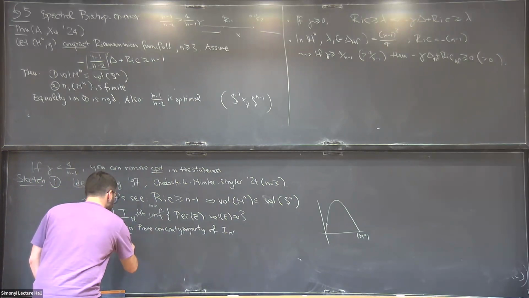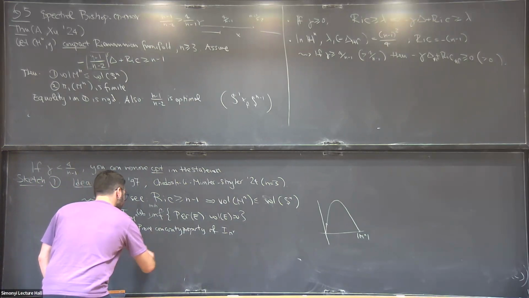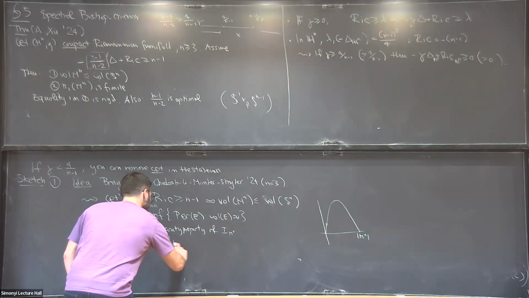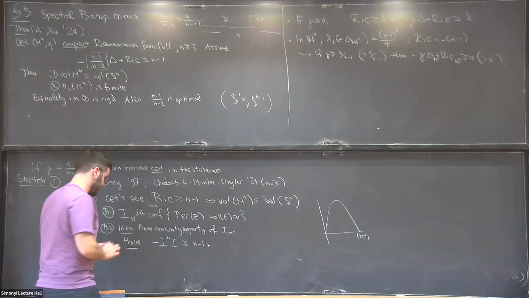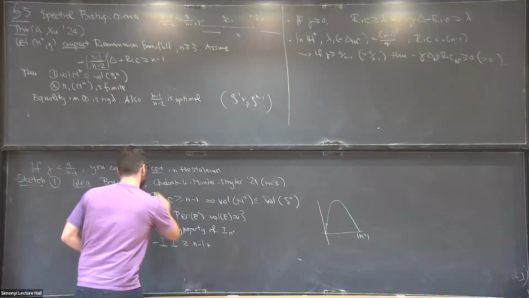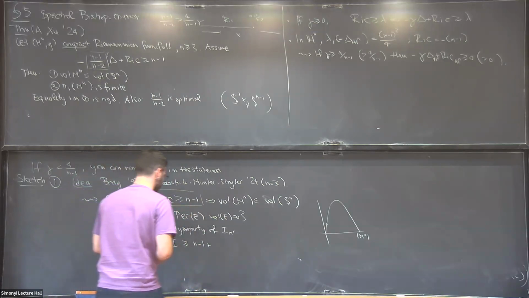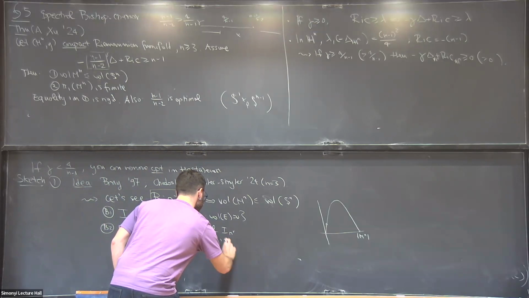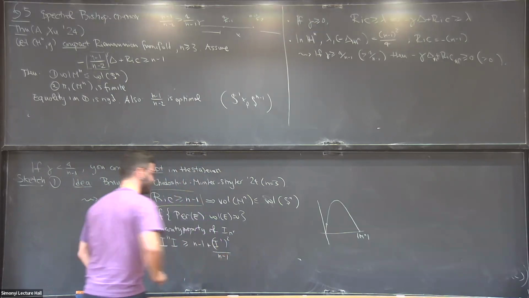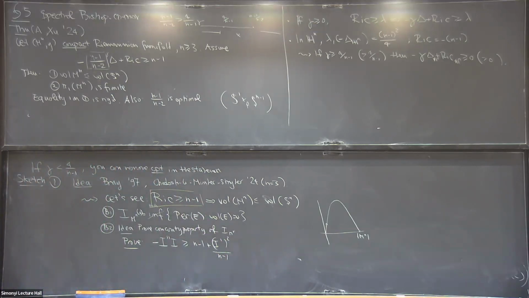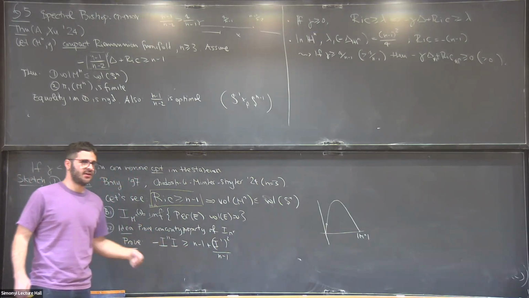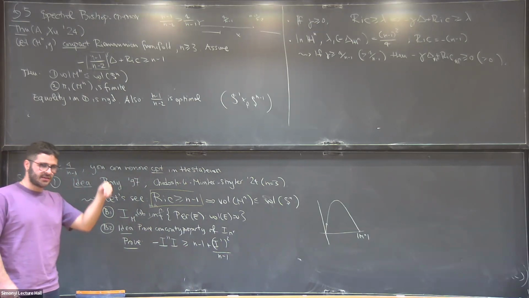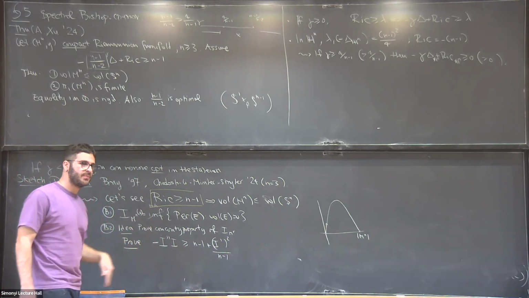And actually you can prove that under Ricci greater or equal than n-1, you have this inequality. You can rewrite this as a concavity property of the correct scaling of the isoperimetric profile.